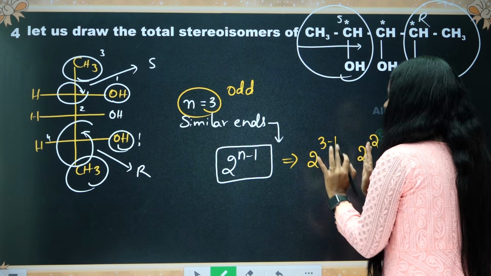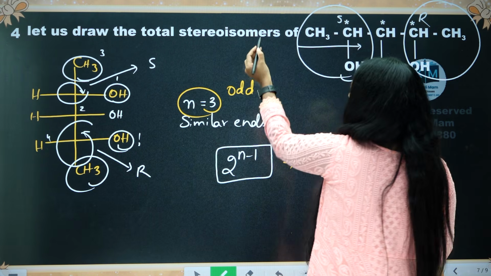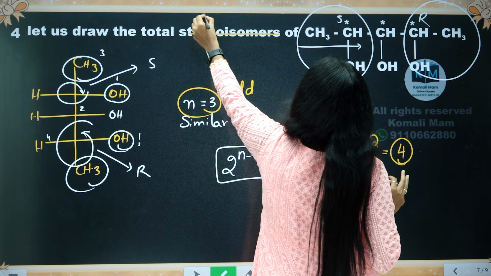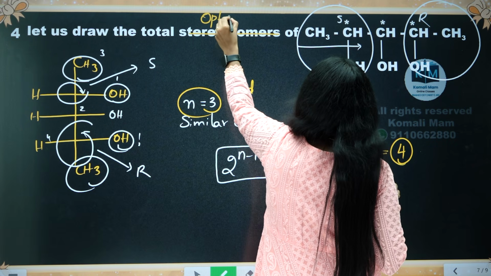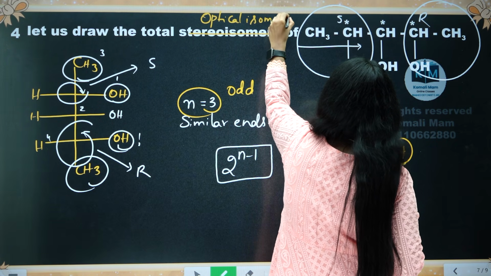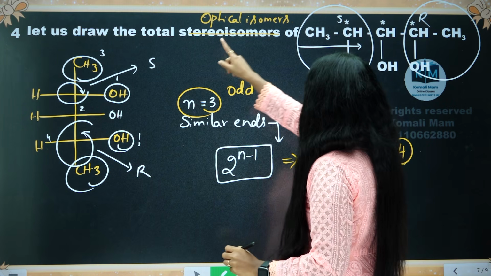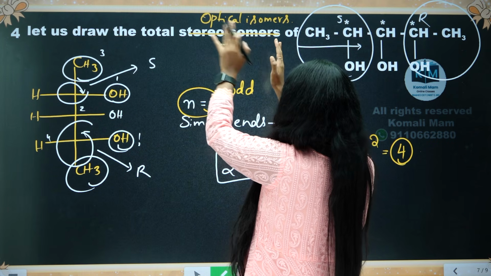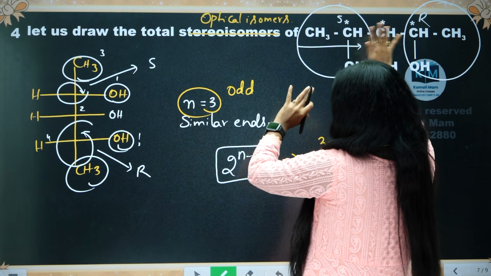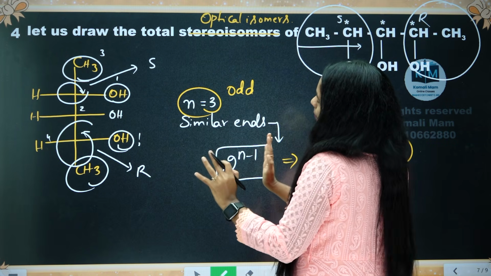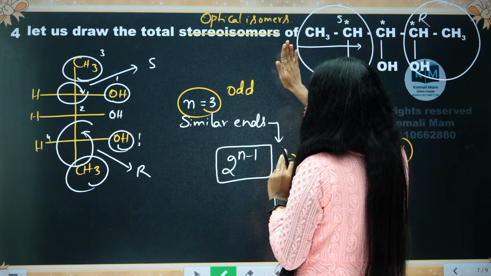If they ask, this is what optical isomers. In the question, I'm modifying the question into: let us draw the total optical isomers. Okay, optical isomers, because this is the concept of optical isomers. Stereoisomers is the sum of geometrical isomers plus optical isomers. Here geometrical isomers are not there, like double bond and all. I'm not going to discuss geometrical isomerism now.